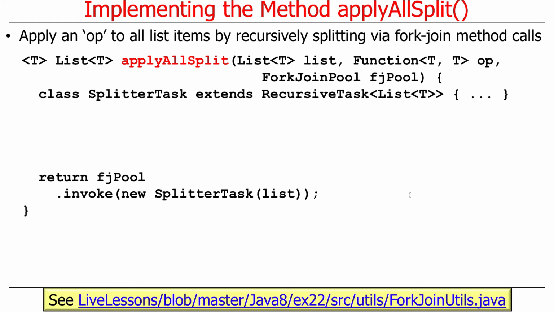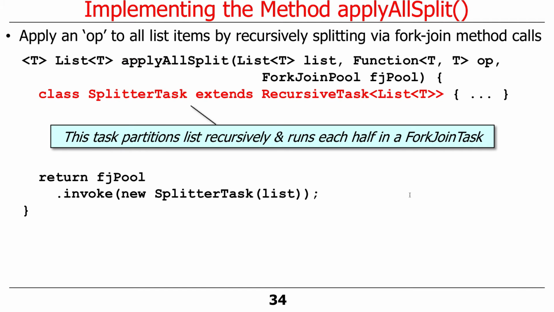Okay, so this approach has a nested class called splitter task. And this extends recursive task, which is going to return a list. And don't be fooled, this is actually returning a sublist, for reasons you'll see in a second. What this splitter task is going to do, as the name implies, is partition or split the list recursively, and then take each half of the list and run each half in a fork join task.